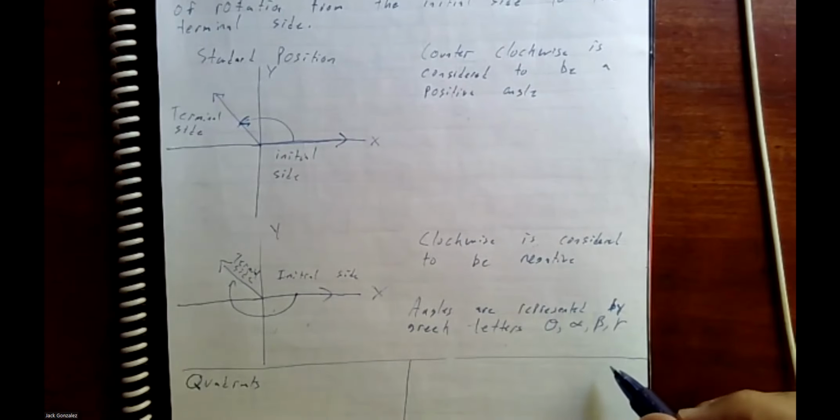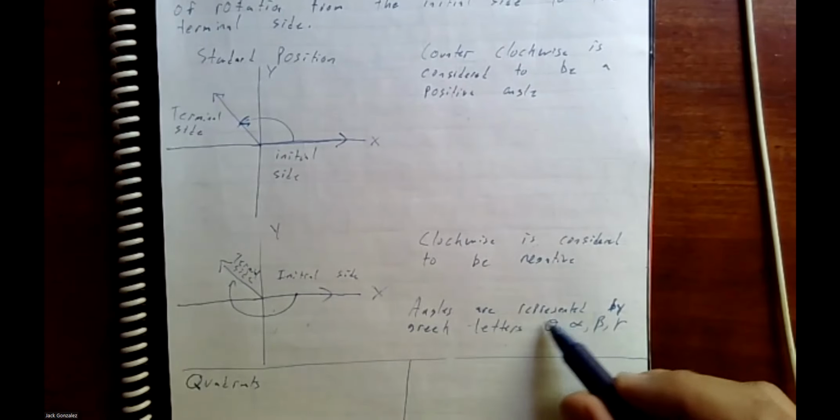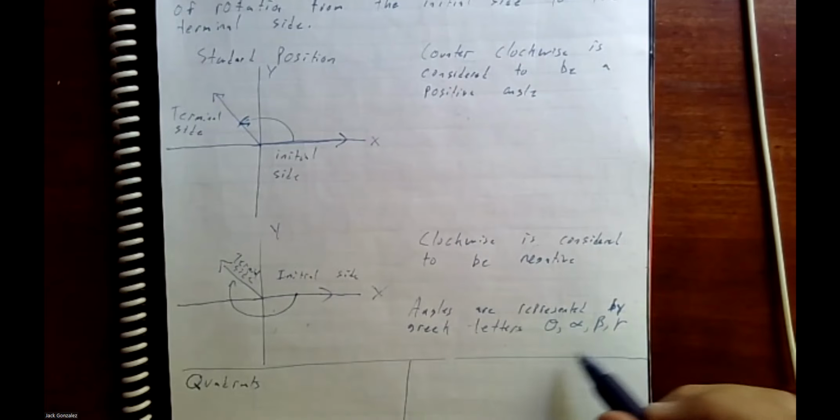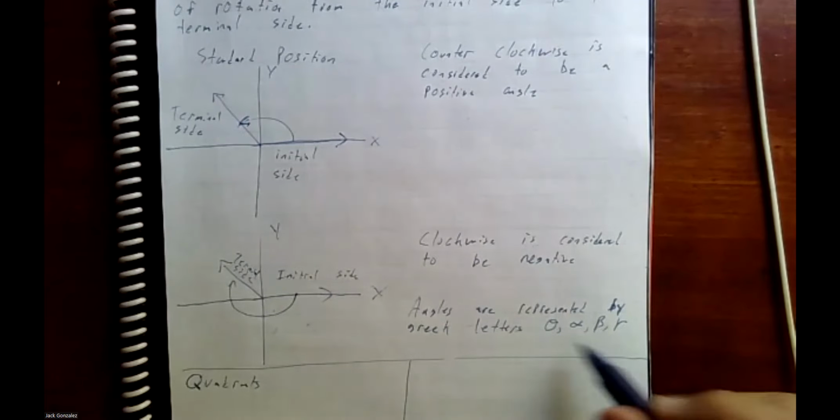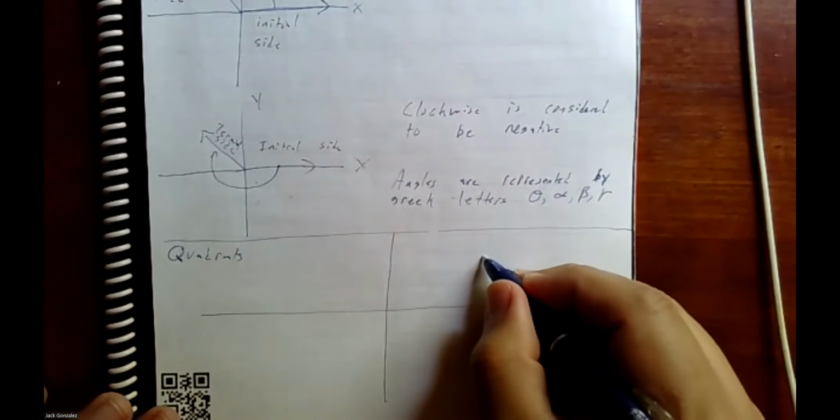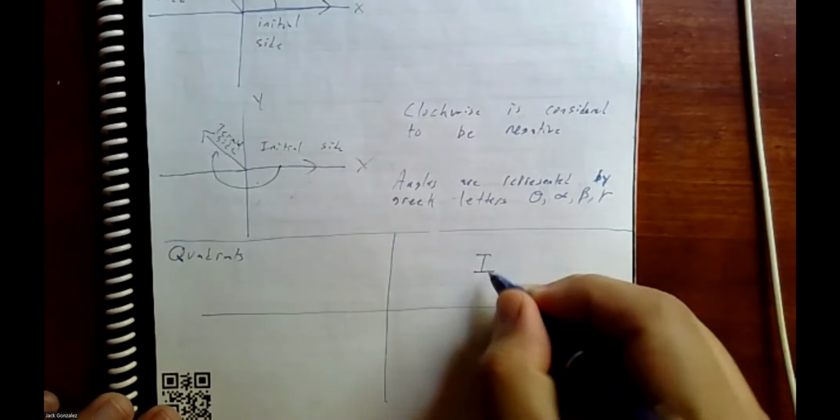Theta is usually the general angle. Alpha, beta, gamma, if we have multiple angles we need to represent, we use multiple. That's all.